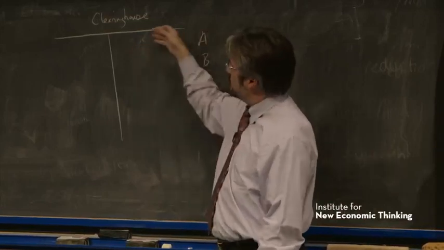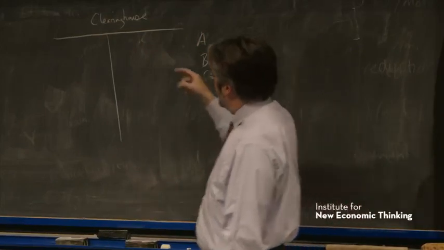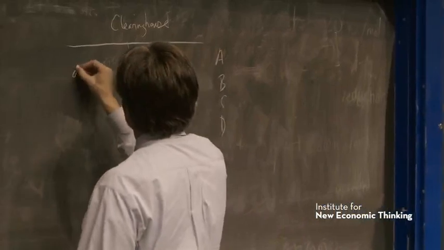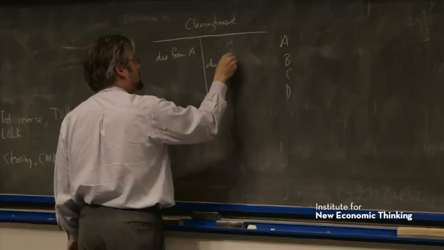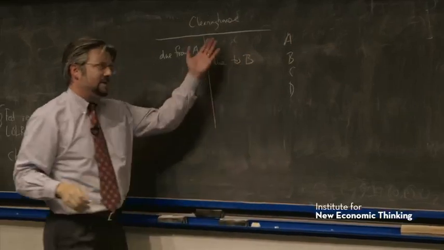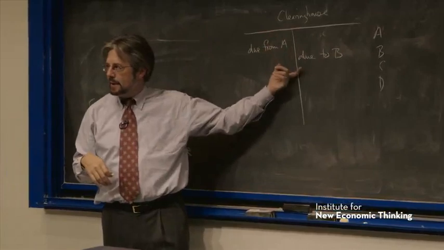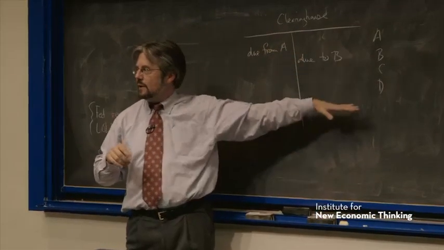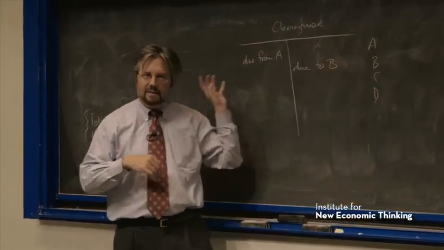So if I'm a member of the clearinghouse and I want to pay Bank B, the clearinghouse registers that as due from A and due to B, okay? So if A makes a payment to B, that's what happens during the day. There are these entries in their own accounts on the balance sheet of the bank, and so forth for C and D and everyone else.